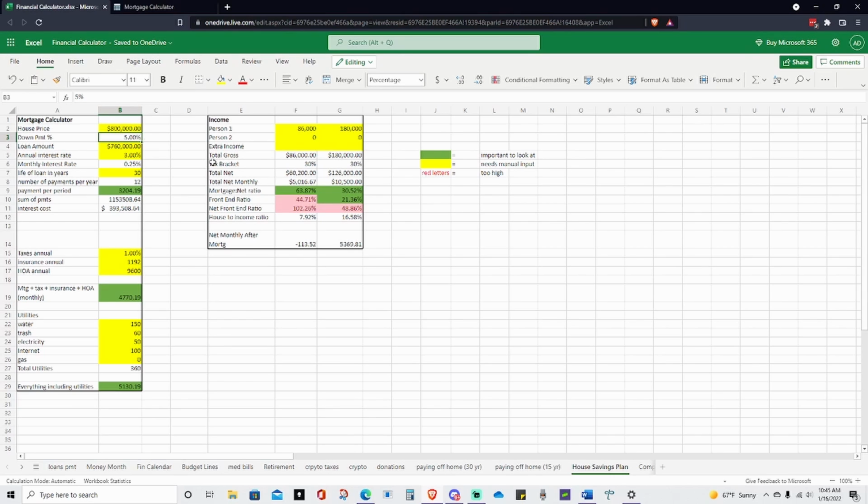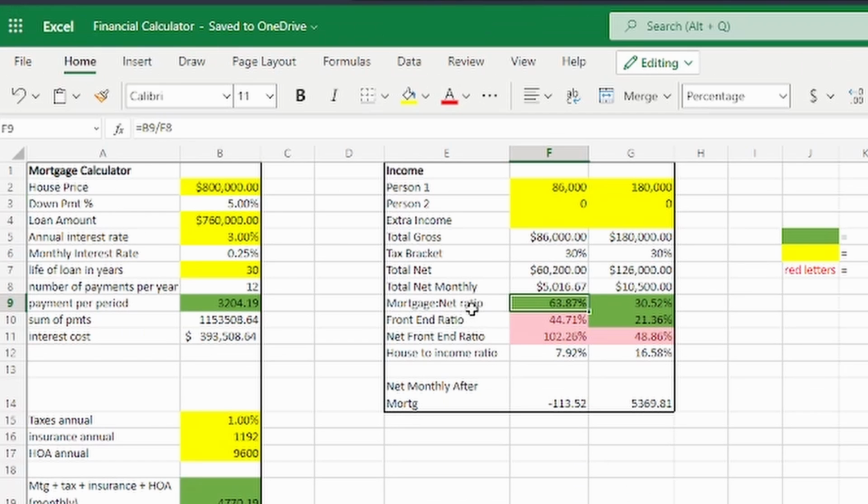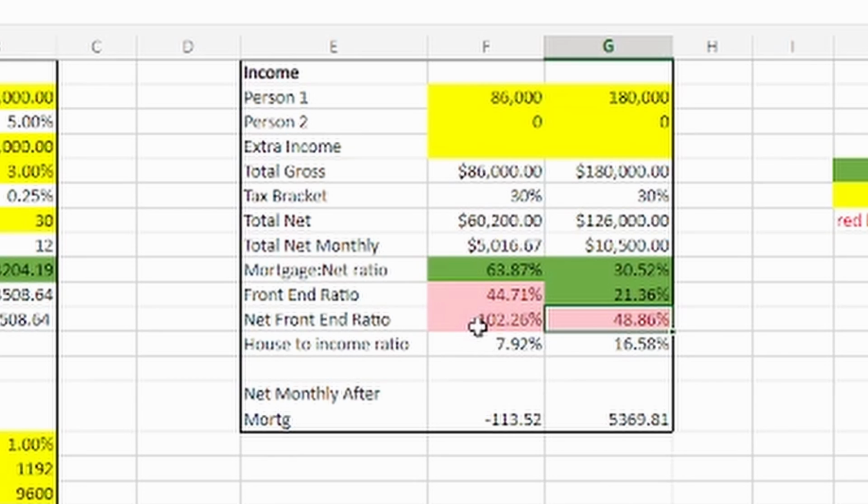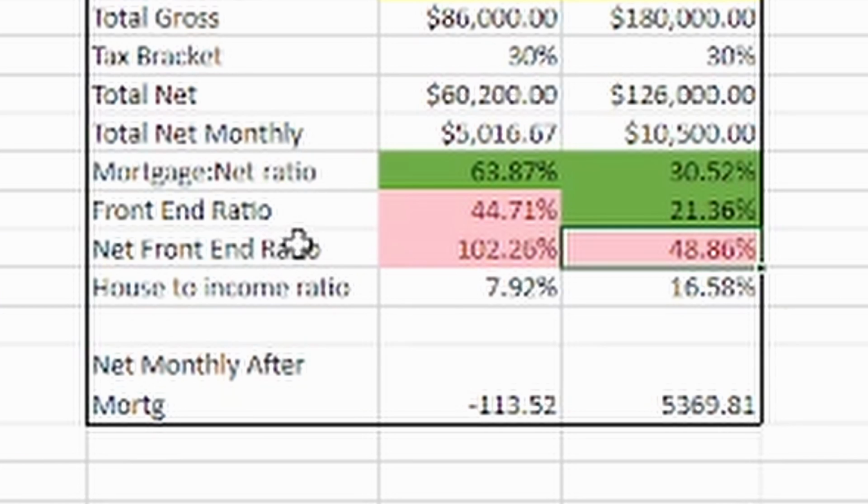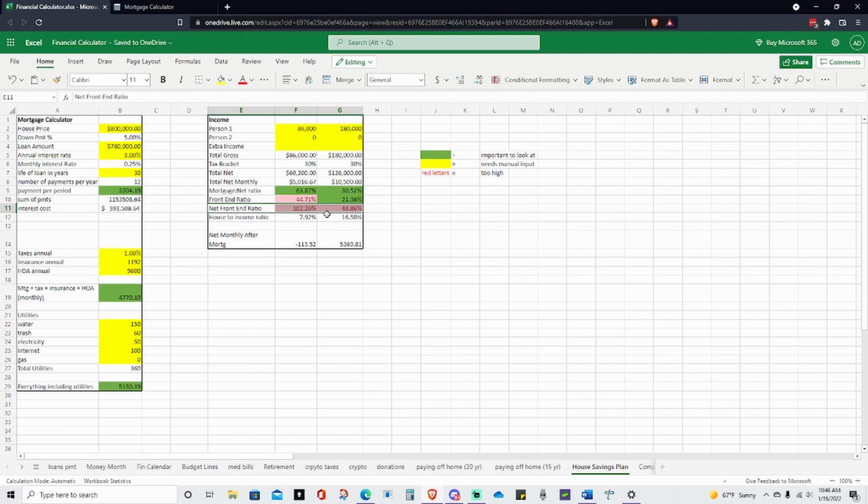You also don't want to have a high net front end ratio. Net front end ratio is the number one way people should be evaluating their monthly mortgage payment. What the net front end ratio shows is it's going to take everything that is included in your home.